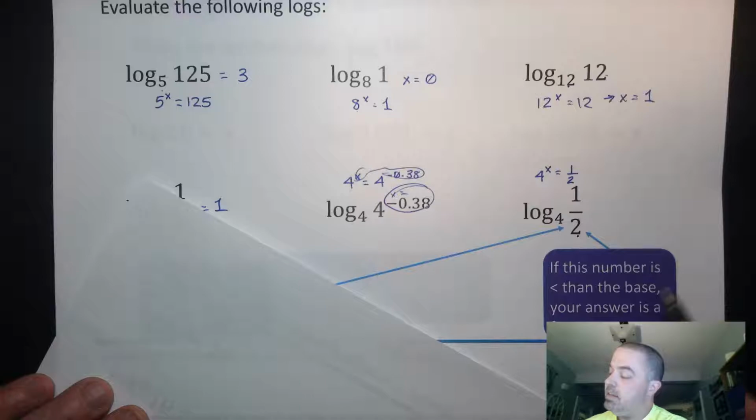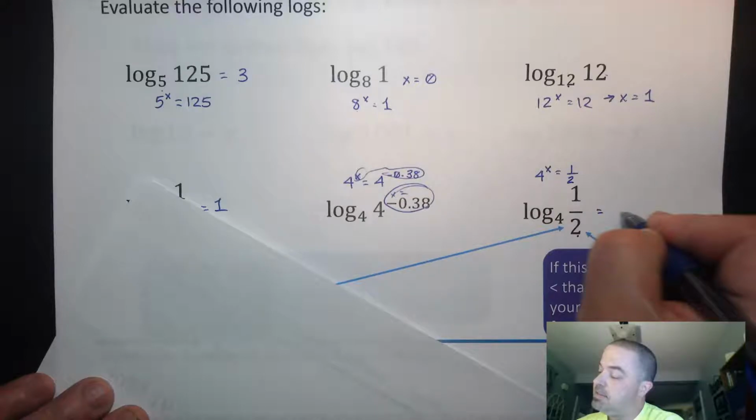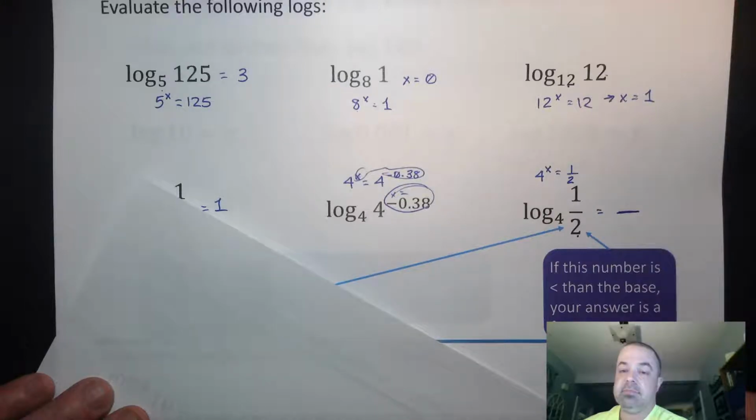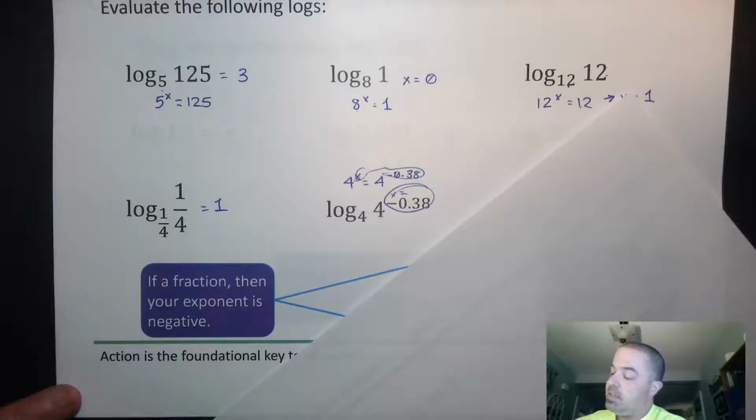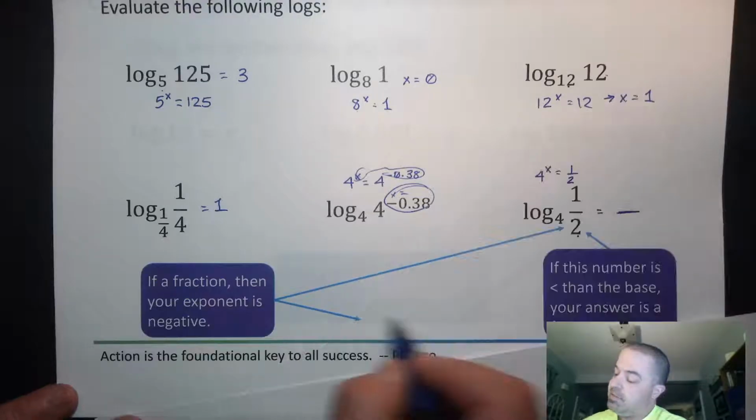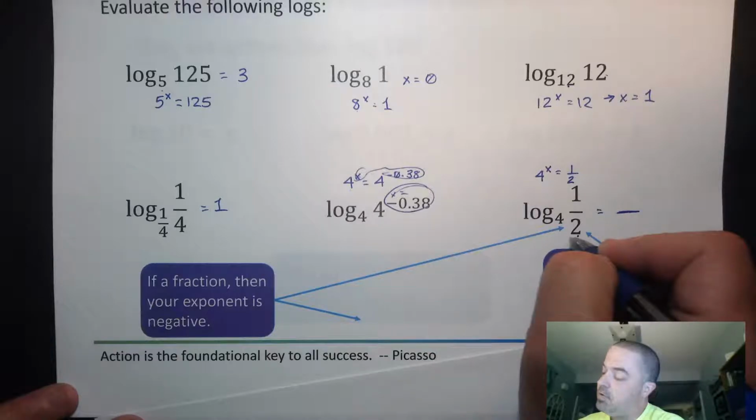Well, that means my answer is going to be some fraction, because 2 is less than 4. Second, if it's a fraction, then your exponent is negative. So if this whole thing is a fraction, then my answer is negative.